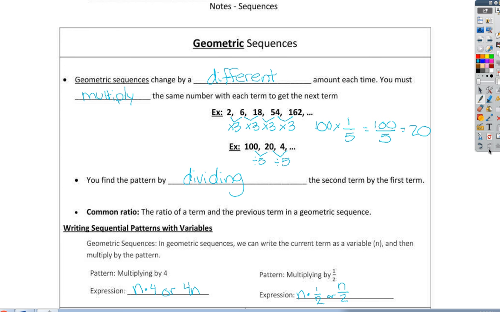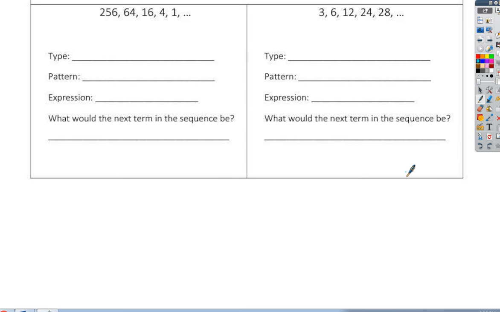Now we're going to do an example. So looking at the side, we have 256, 64, 16, 4, and 1. So we need to figure out the common ratio between them. So how are they multiplying, dividing, or what's happening? So we can figure this out by dividing 256 divided by 64 to get the common ratio.